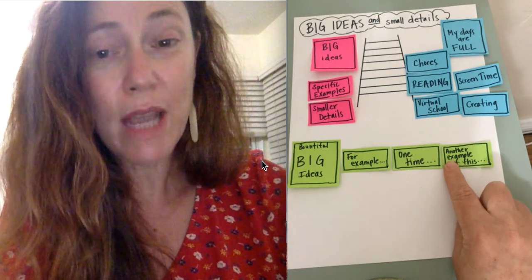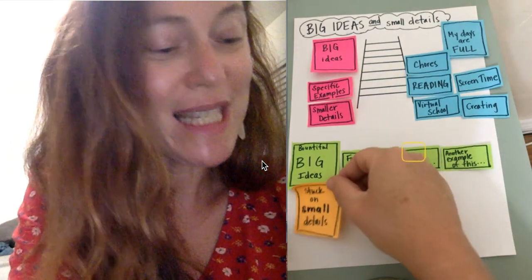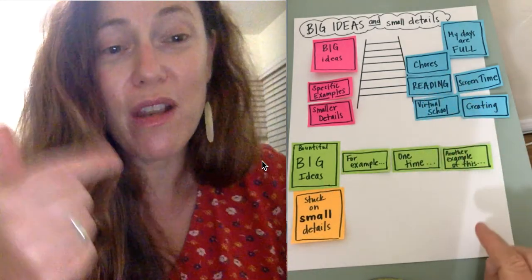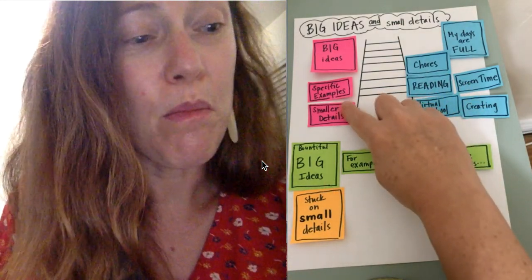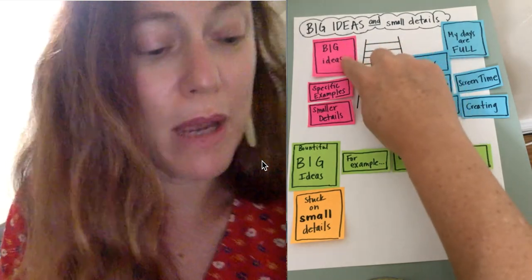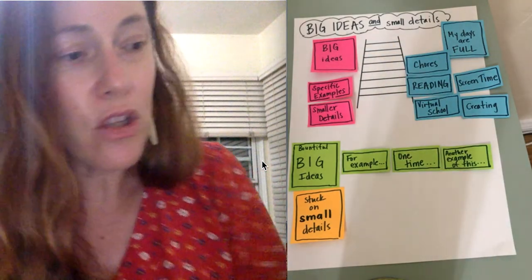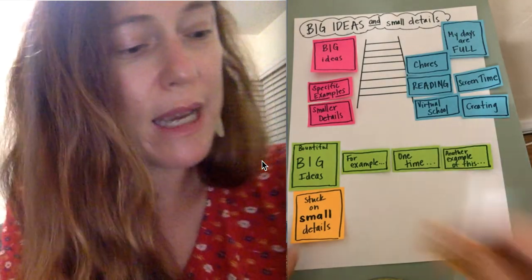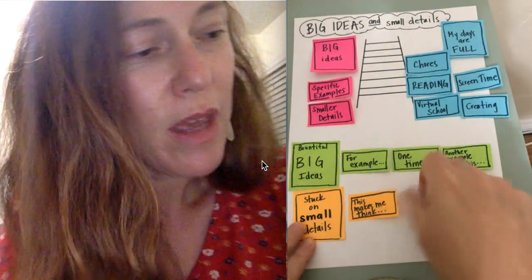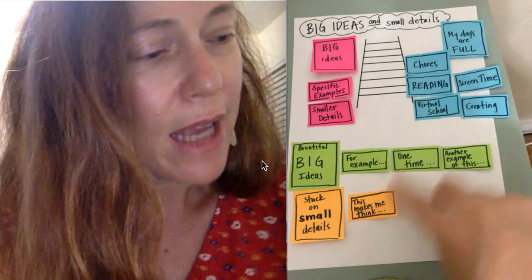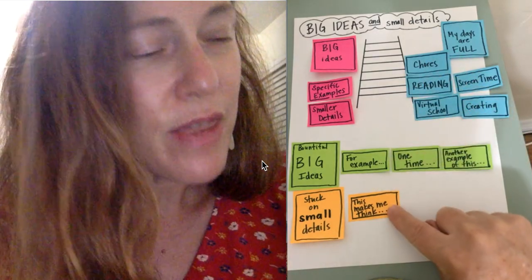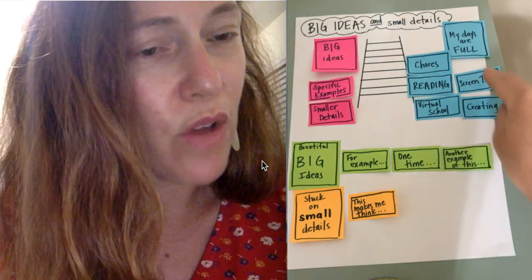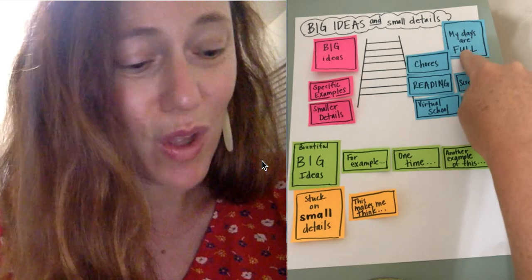Now, if you're the type of writer who is stuck on small details, you're writing all your details, but you haven't really moved up the ladder to a big idea, you can take a look at your small details and then use language like this to help you develop a big idea. Watch me. Here are my small details. I can look at them and say, this makes me think, by doing chores and reading and virtual school and all this, that my days are really full.